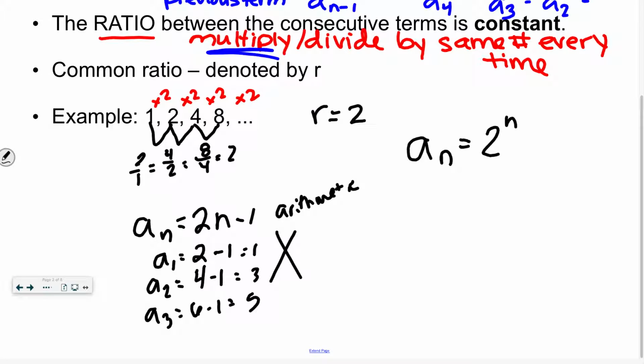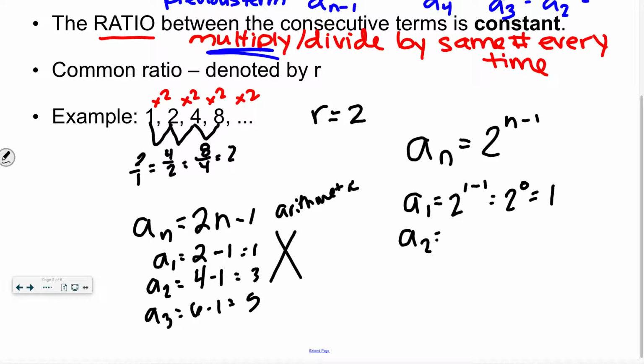Okay. So then you might start checking it. A sub 1 equals 2 to the first. That's 2. Boom. Could be 2 to the n minus 1. Okay, you mean minus 1 in the exponent. So then a sub 1 is 2 to the 1 minus 1, which is 2 to the 0, which is 1.